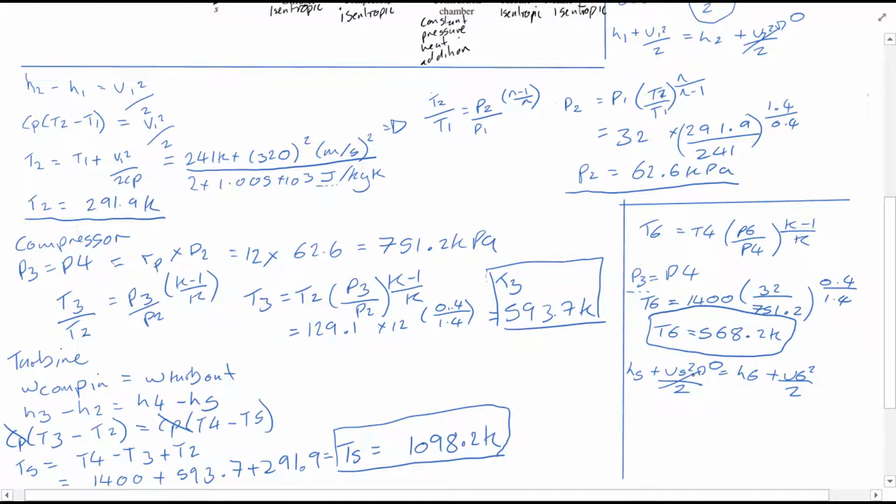So rearranging this equation, H5 minus H6 is equal to V6 squared over 2, and Cp times (T5 minus T6) is equal to V6 squared over 2, and finally V6 is equal to the square root of 2 Cp (T5 minus T6).